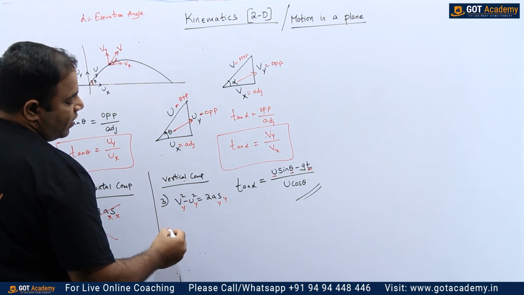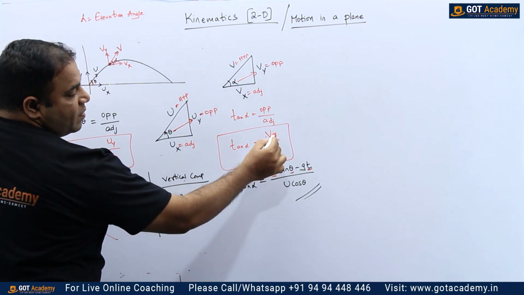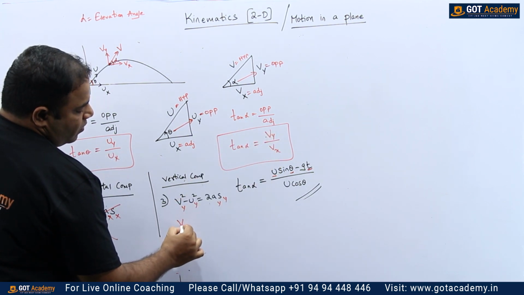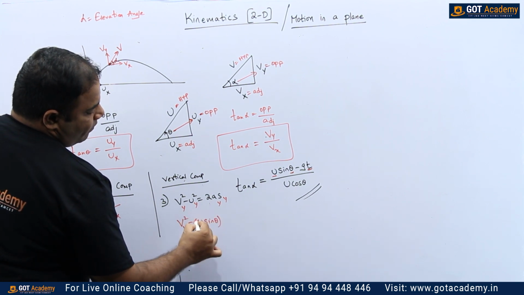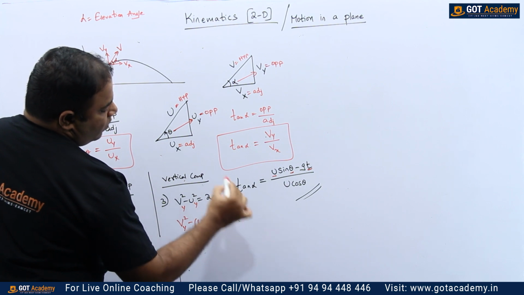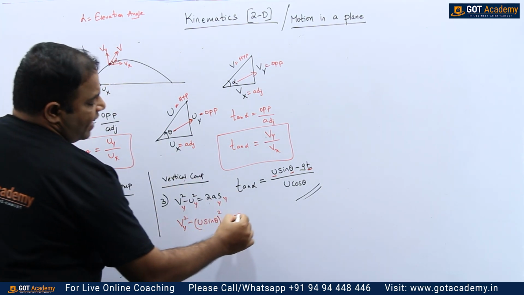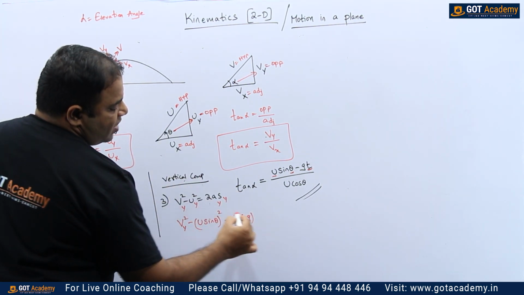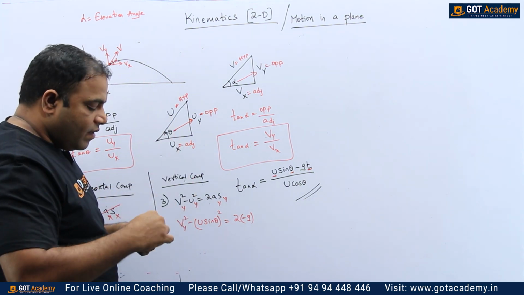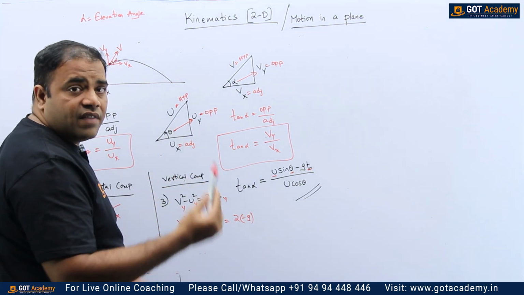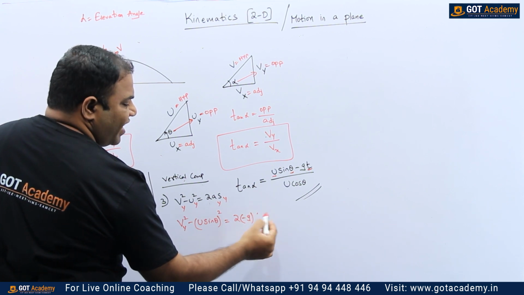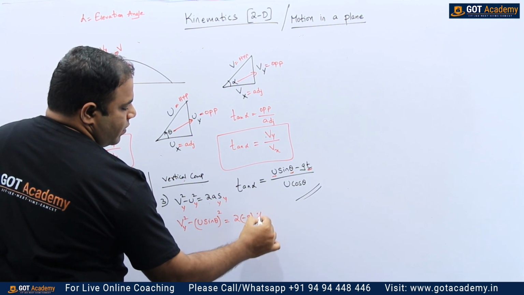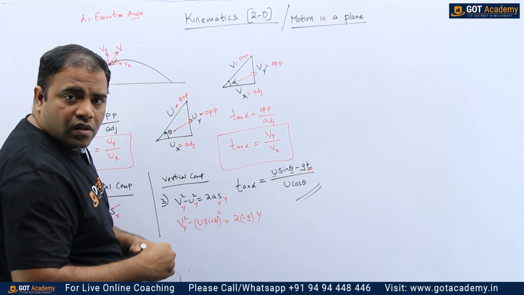Now, coming to this one. You want to find Vy to substitute here. So Vy square minus Uy square, where Uy is u sin theta, equals 2 times the acceleration along the y-axis, which is minus g, as we have studied, because the body is going up. Whenever the body goes up, acceleration is minus g, away from the earth, and the distance is y, or you can take h.